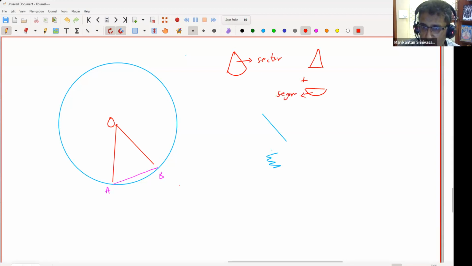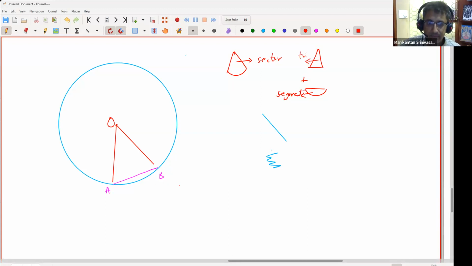So sector is a combination of a triangle, whatever, I'm not writing triangle. Okay, triangle plus a segment. That's a sector. Okay, now from the center, if I drop a perpendicular to the chord, it'll bisect the chord. You can easily prove that by one of these properties, right? SAS property or something like that, right?